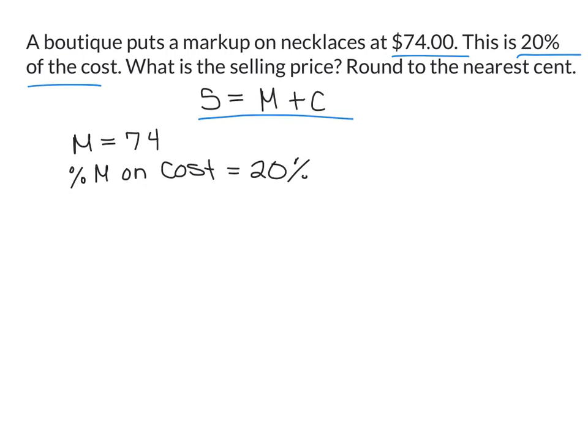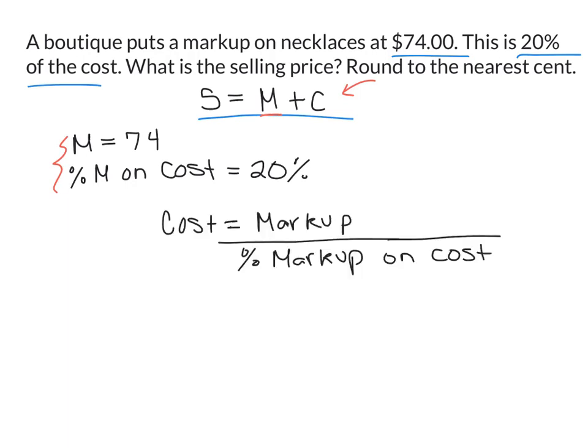Now if we look at our selling price formula, we need to know the markup, which we have, but we also need to know the cost. So we're going to use these two items that are given to us to first find the cost. Remember that the formula for cost is markup divided by percent markup on cost.